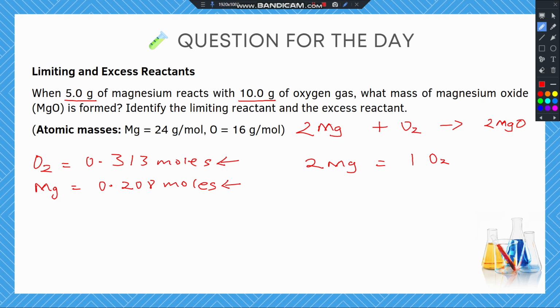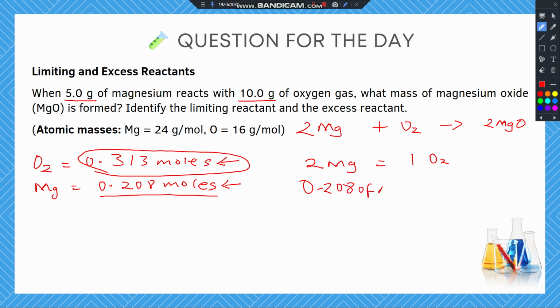So to know the one that is not enough, we need to assume that one of these values is absent. So let's assume that we do not know the amount of oxygen moles that we need. So therefore it now becomes 0.208 moles of magnesium will now react with an unknown number of moles of oxygen.